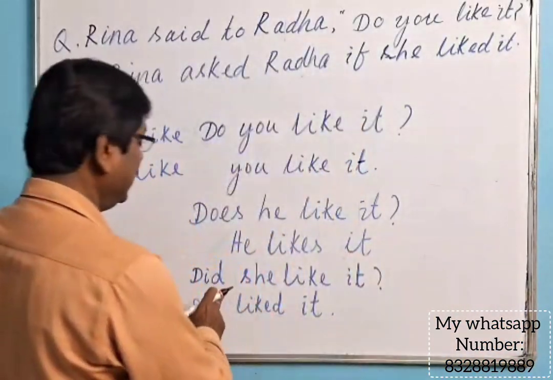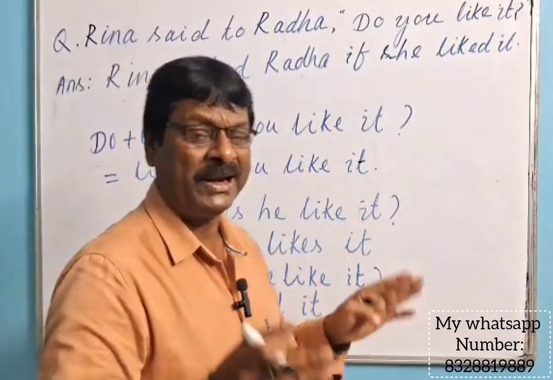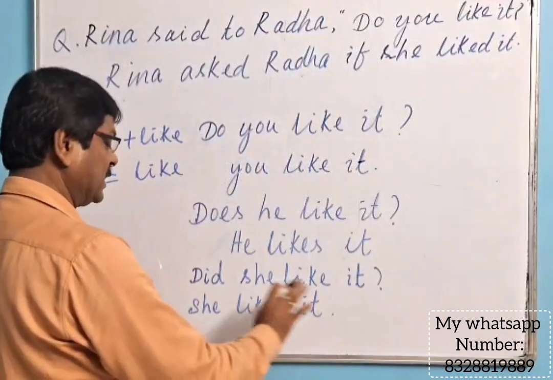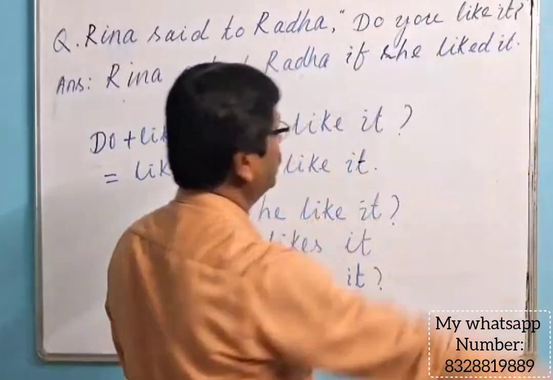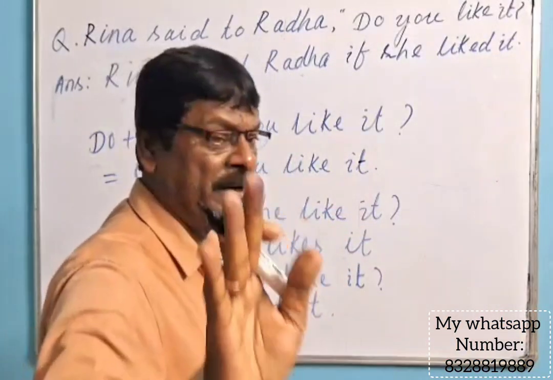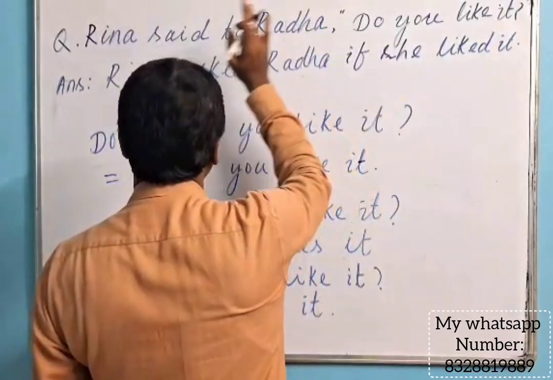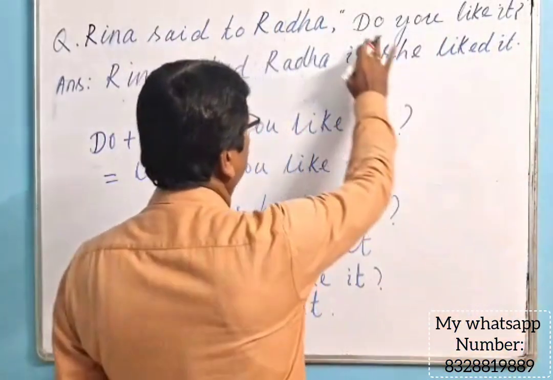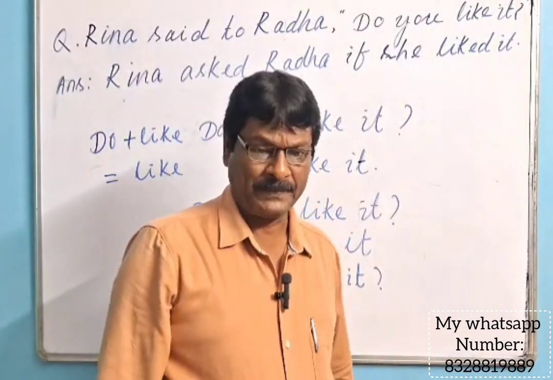Right? Similarly, "Did she like it?" Did plus like equals liked. So its declarative sentence or statement will be "She liked it." Similar will be the case here. Look at the board and try your best to understand it. Before transforming the sentence from direct speech to indirect speech, we have to convert this sentence into a statement in your mind.